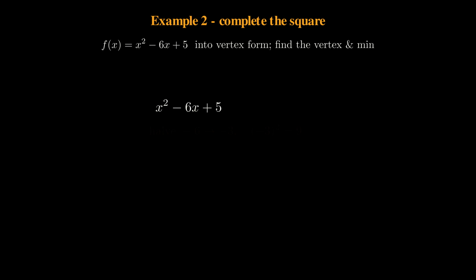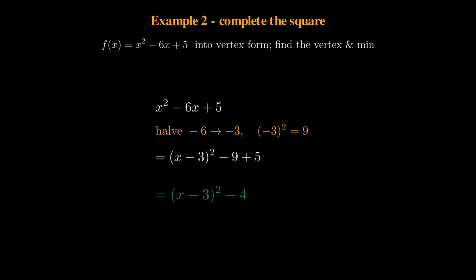Halve minus 6 to get minus 3, and square it to get 9. So x squared minus 6x is (x minus 3) all squared, minus that 9 we introduced. Bring the plus 5 back down. (x minus 3) squared minus 9 plus 5. Minus 9 plus 5 is minus 4. So the vertex form is (x minus 3) squared minus 4.